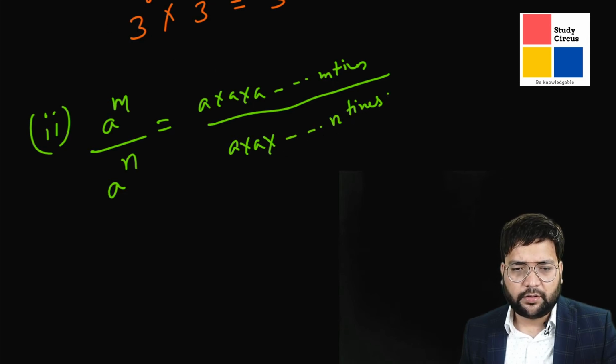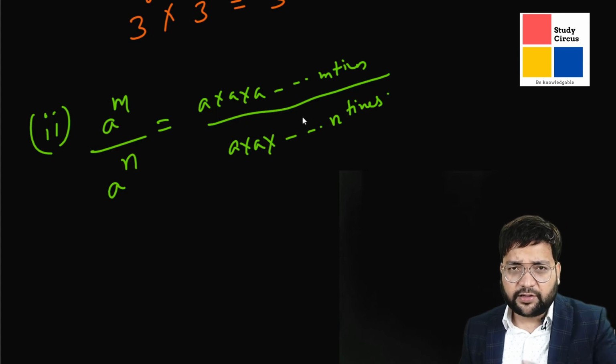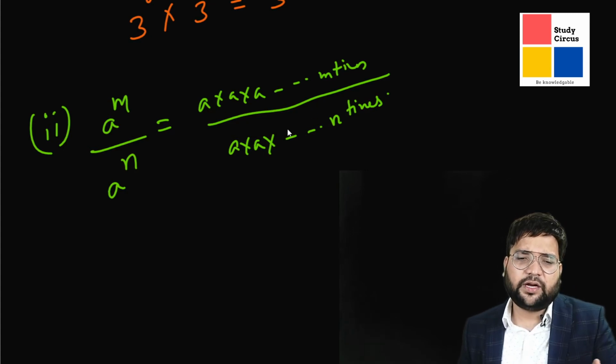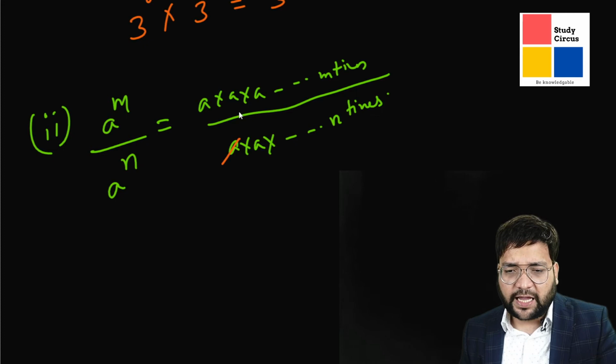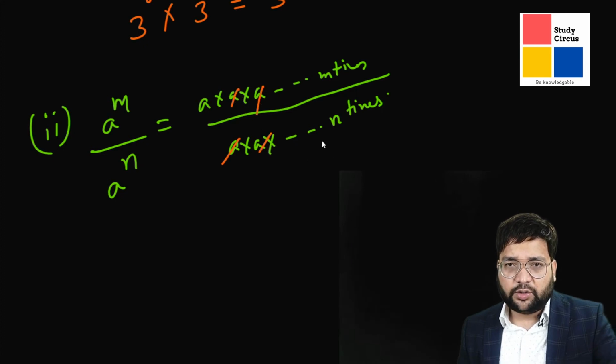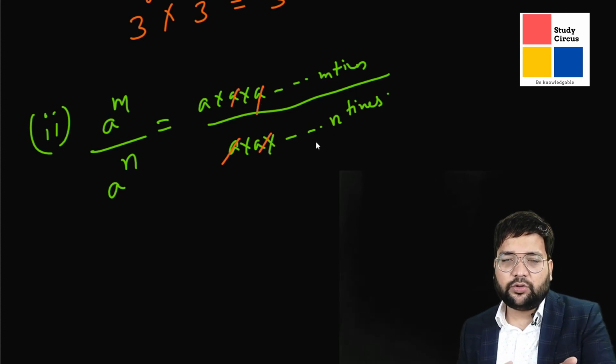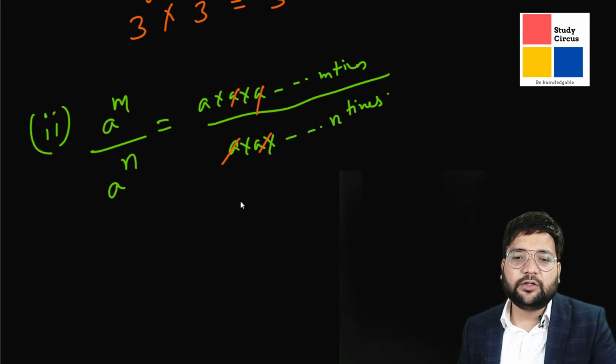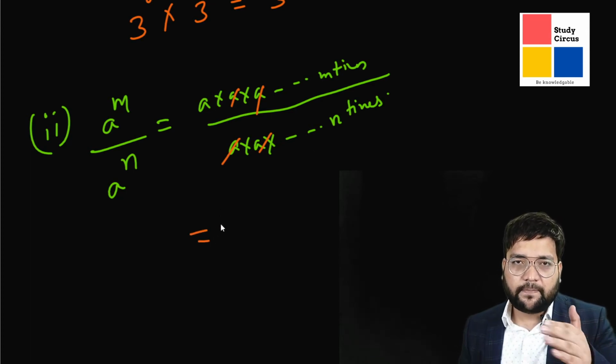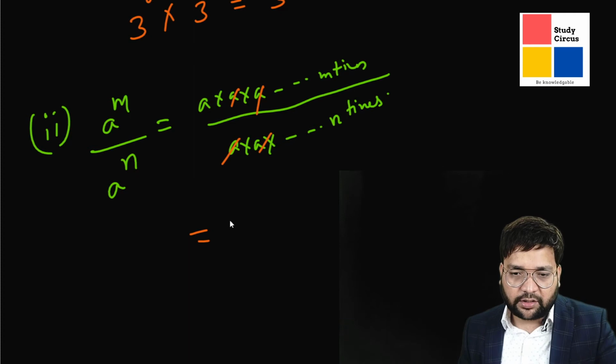If n is smaller and m is bigger, we can cancel out. So n a's will be cancelled out. How many a's will be remaining in the numerator? m minus n, because n were cancelled out.